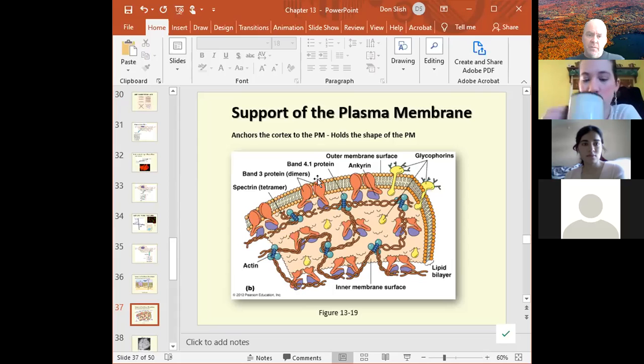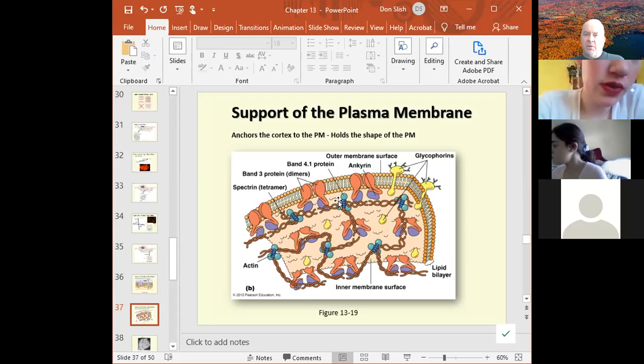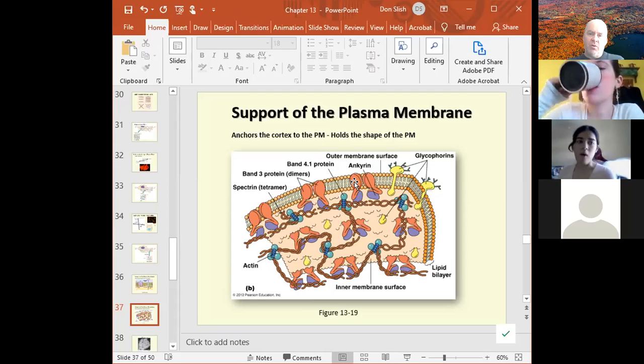So here's your band 3. Band 4.1. Yeah, okay. So band 3, transmembrane protein, it binds to ankyrin, which binds to spectrin. Then you've got 4.1 binding spectrin to the microfilament, which binds to another spectrin, to another ankyrin, another band 4.1, or another band 3.